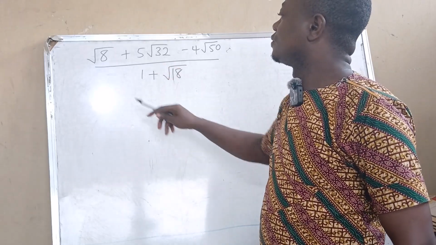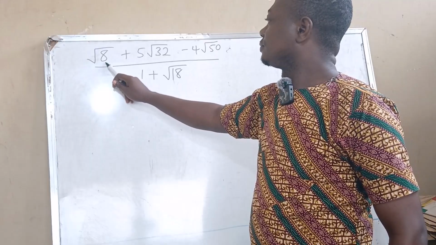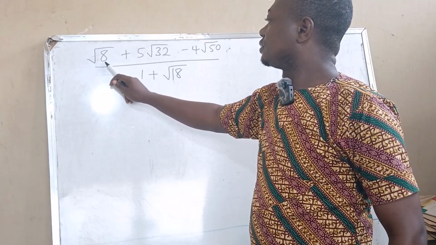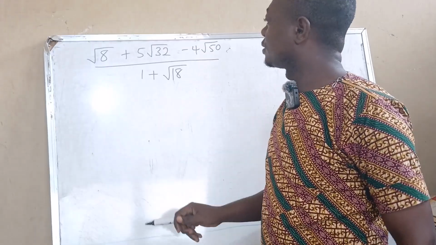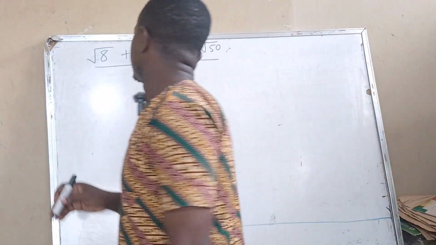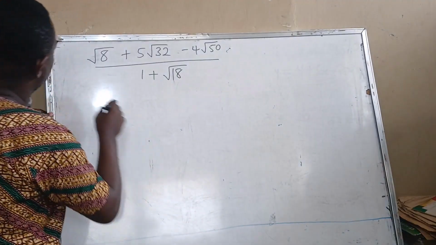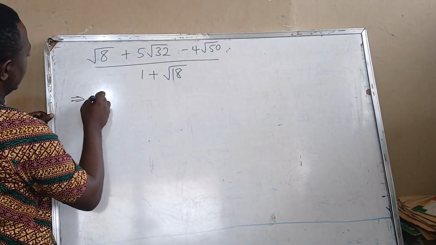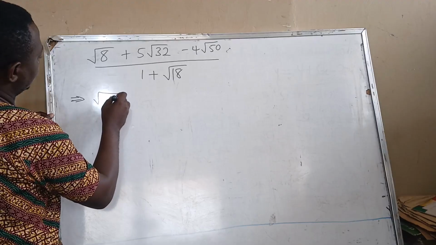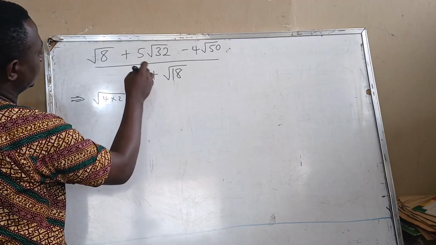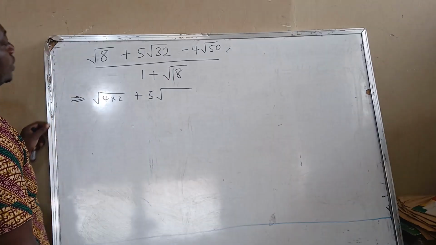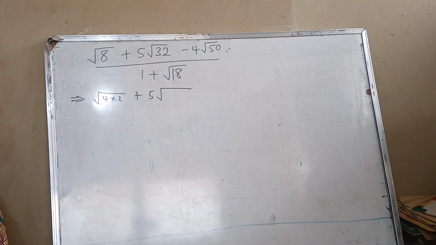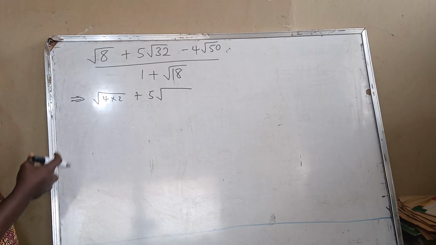We know we have 8 here, which is the same as 4 times 2, and the 4 is a perfect square. So from here, I can write this one as 4 times 2 plus. Remember, 32 can also be written as 16 times 2.